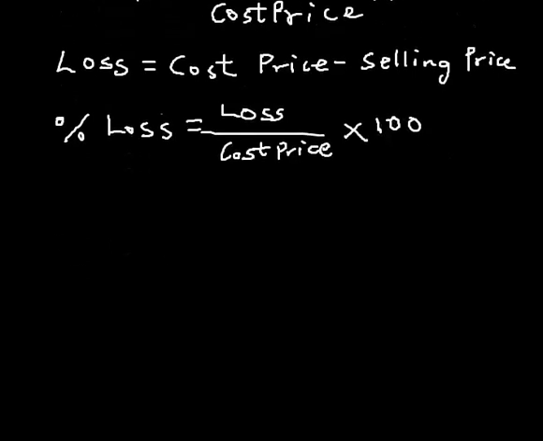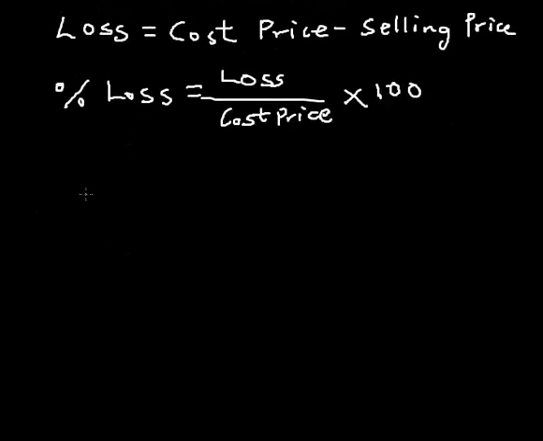All right, so let's look at a typical example. Let's say a man bought an item for 20,000 naira. That is the cost price, CP.